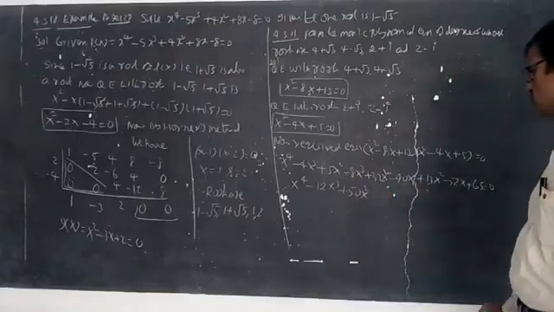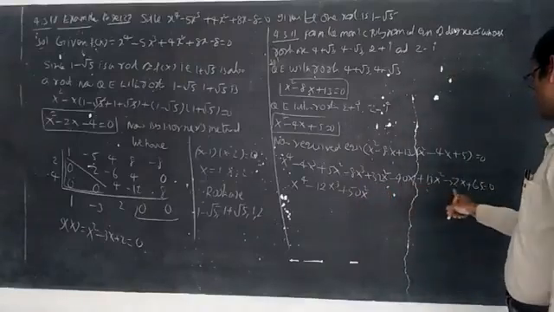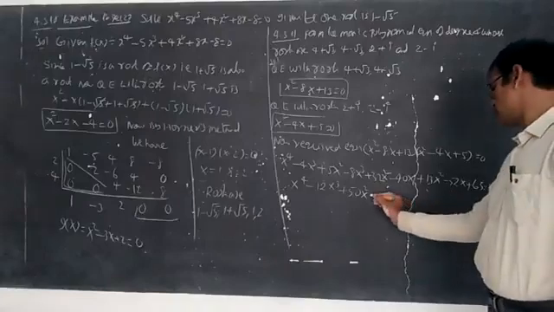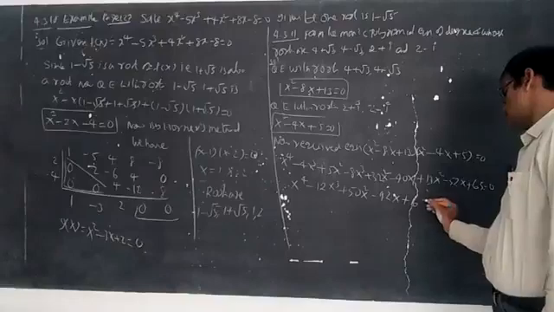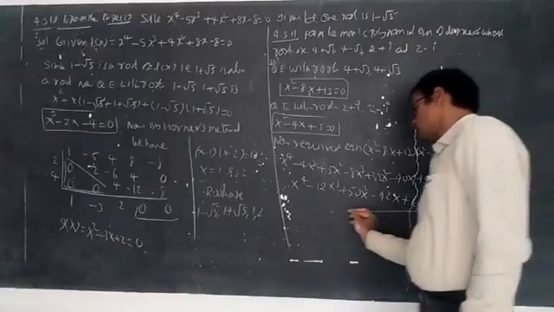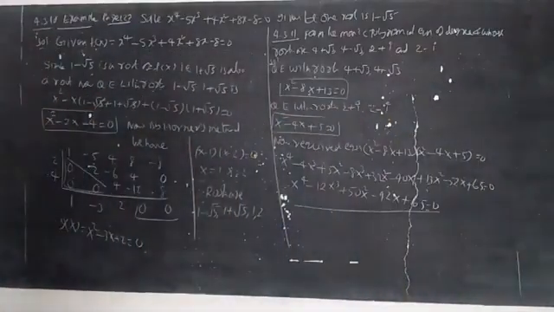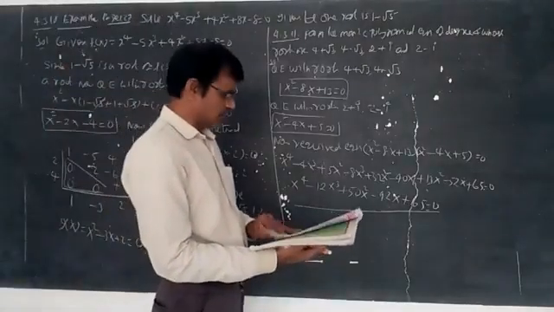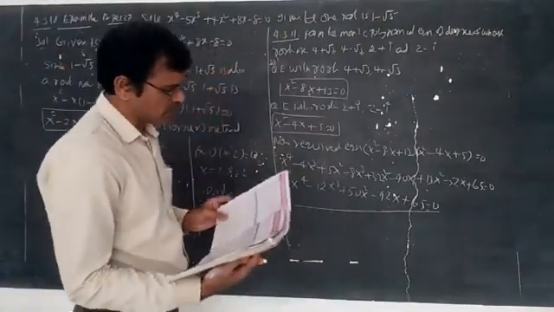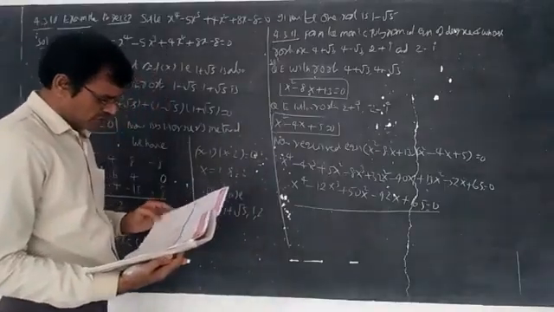Next the x terms: minus 40 minus 52 becomes minus 92x, plus the constant 65 equal to 0. So x power 4 minus 12x cube plus 50x square minus 92x plus 65 equal to 0. That's all. Next, the solution is there.